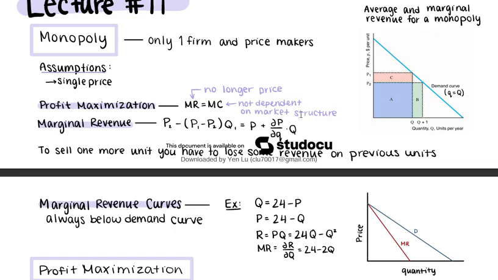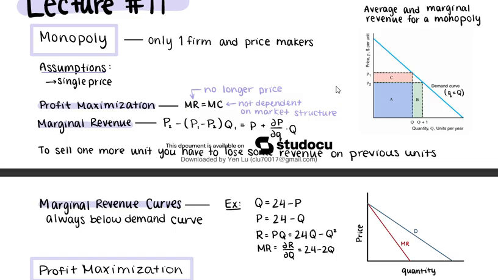So we can get the equation: P plus dP over dQ times Q. The dP over dQ means how big the poisoning effect is.